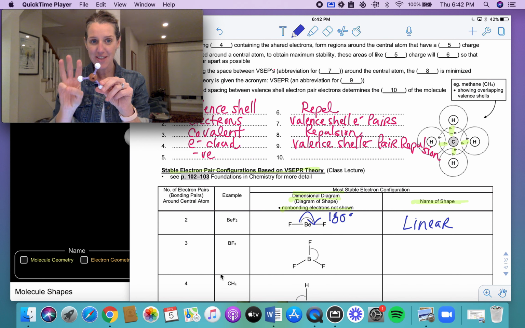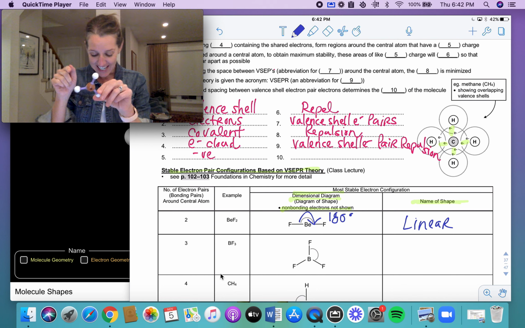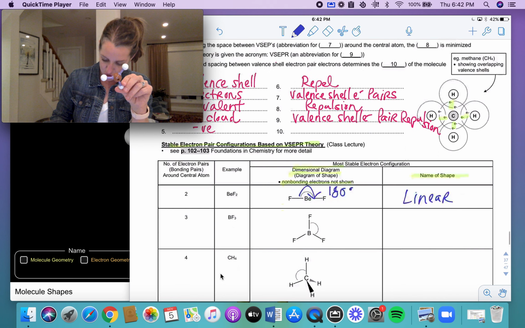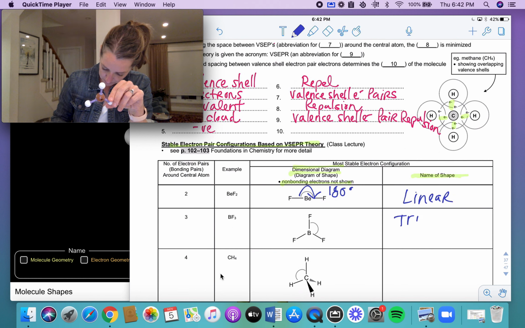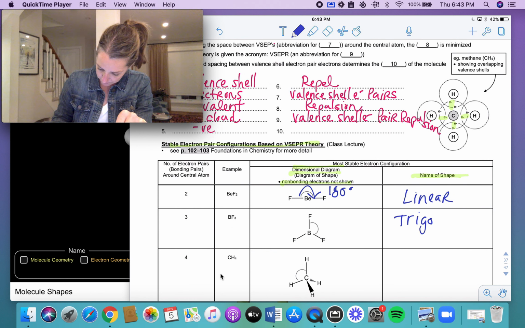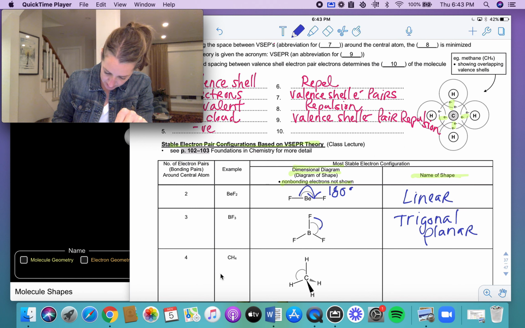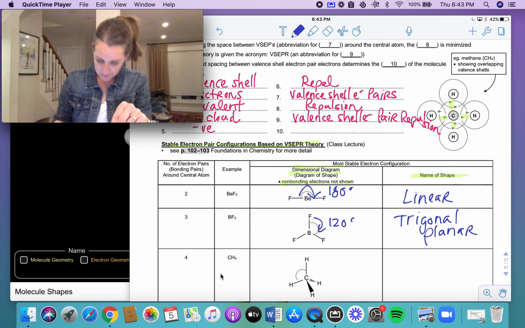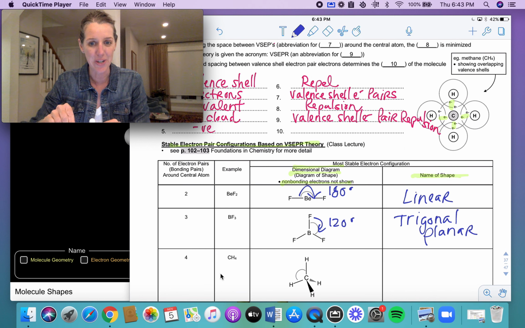And if there are three things bonded to a center atom, 1, 2, 3, the name of this is called Trigonal Planar. And the bond angle, that's easy as well, 120 degrees. So the geometry that we're doing here, the math and the angles, actually isn't too tricky.